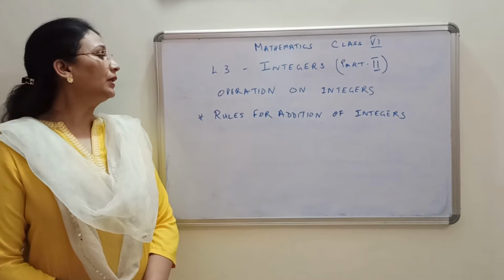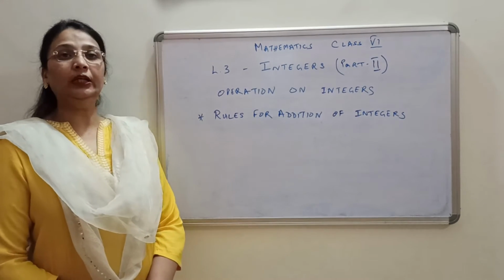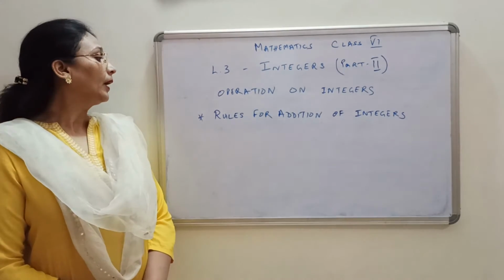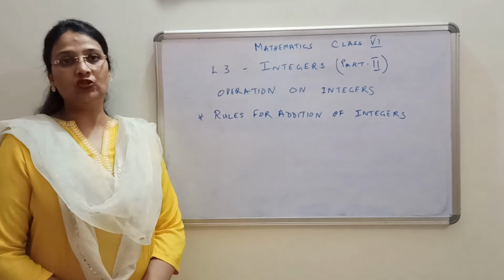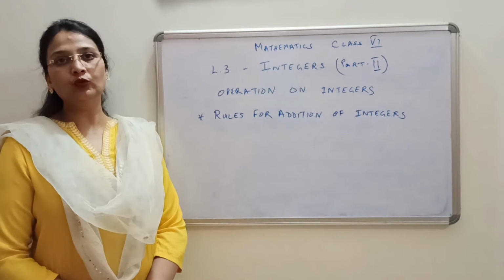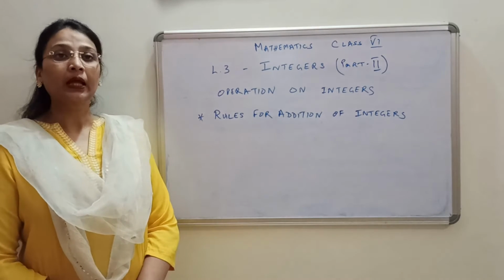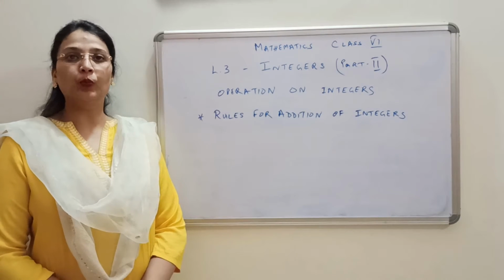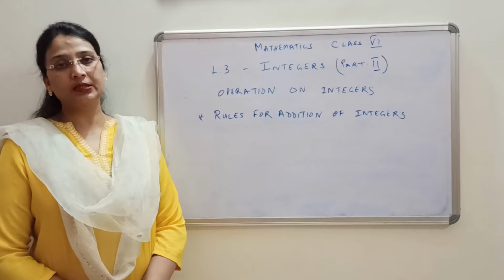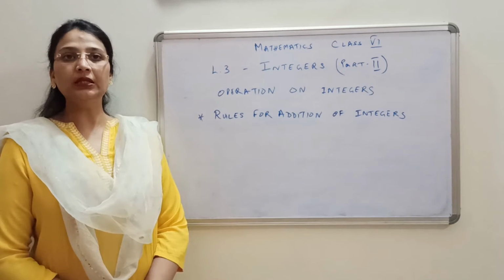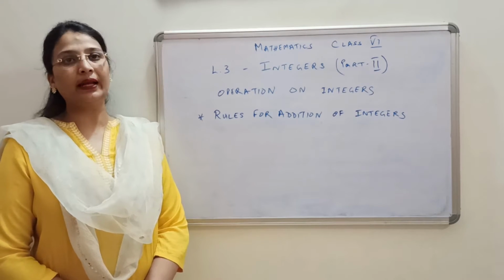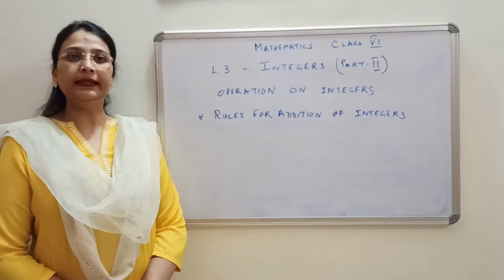Come to the next topic, operations on integers. Addition of integers. We have the following rules for addition of integers. Rule 1: The sum of two positive integers is a positive integer obtained by taking the sum of the numerical values of the addends.